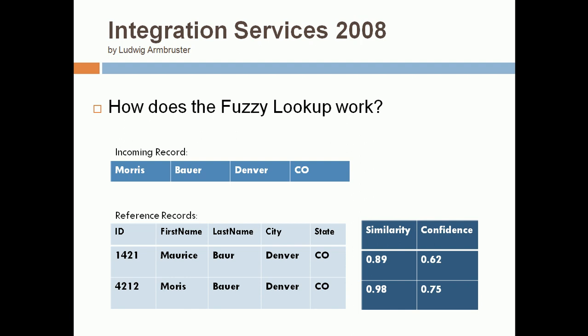And the other record, 4212 with Maurice Bauer, Denver, Colorado, please note that there is just one R in the first name, has a 98% similarity. So 4212's similarity is higher than the similarity of the record 1421.